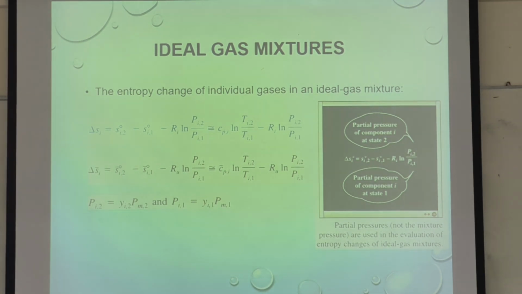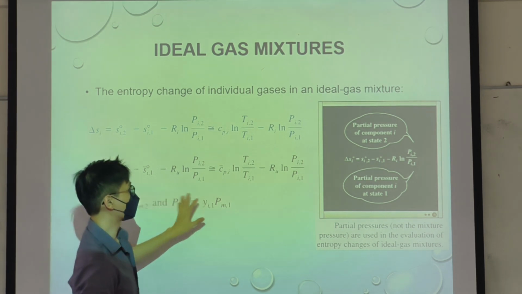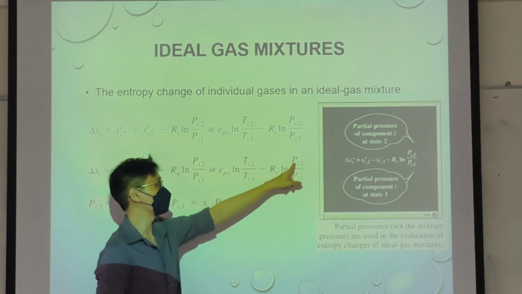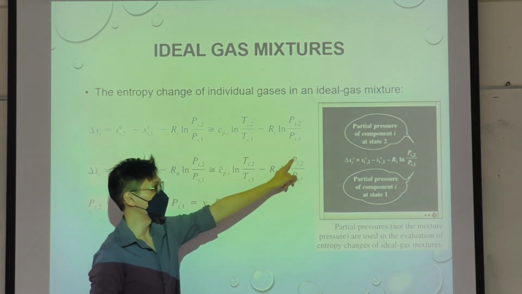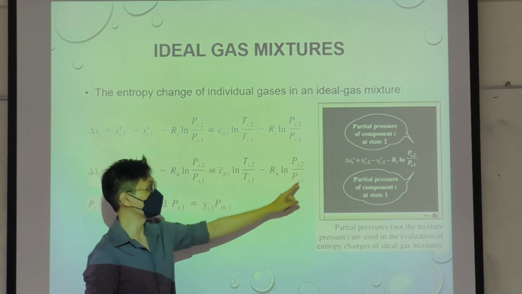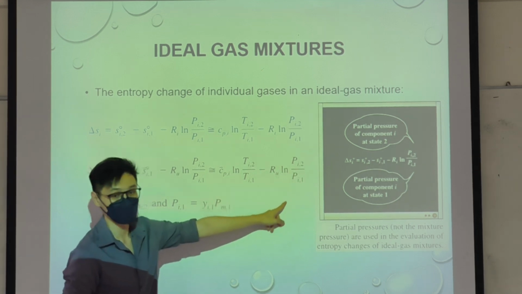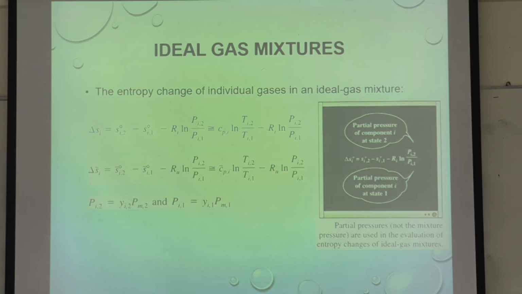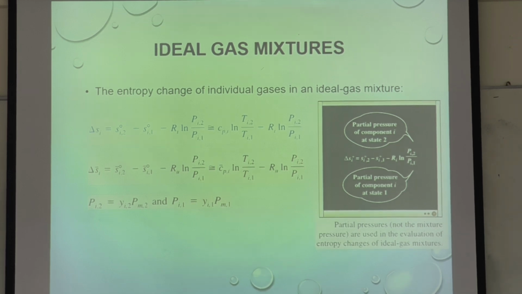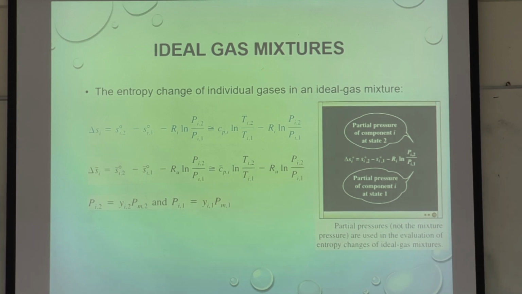Okay, so for this equation here, we are just showing you how to get these two. These two values are the partial pressure of component i at state 2 and the partial pressure of component i at state 1. So this will involve a process where the state changes. You can see that the P here will be the partial pressure.